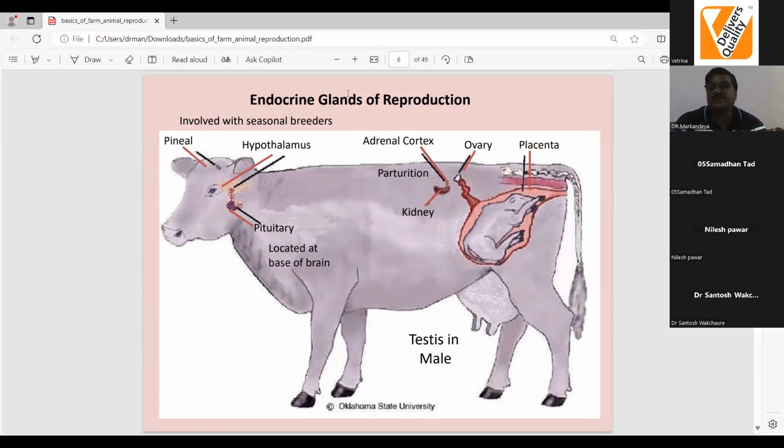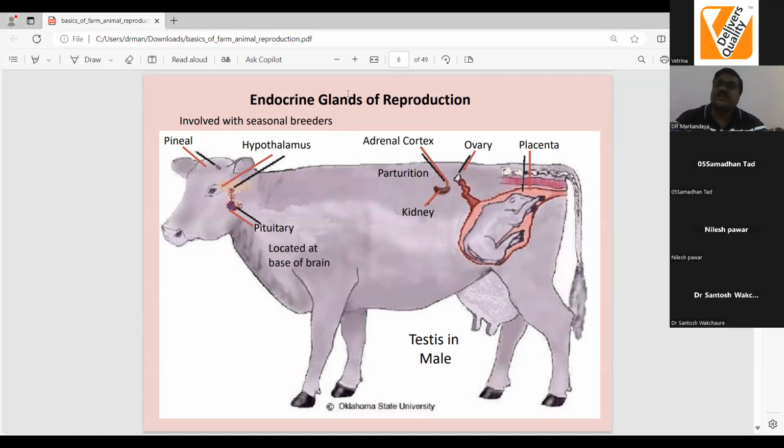Number three, luteinizing hormone. Then ACTH, TSH. These are the hormones from the anterior pituitary. FSH, LH, and prolactin are directly related with reproduction, whereas STH, TSH, and ACTH are non-reproductive type of hormones. They have no direct functioning. They are related with reproduction, but not directly.